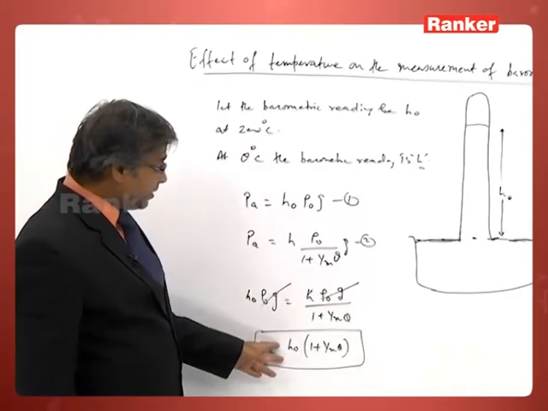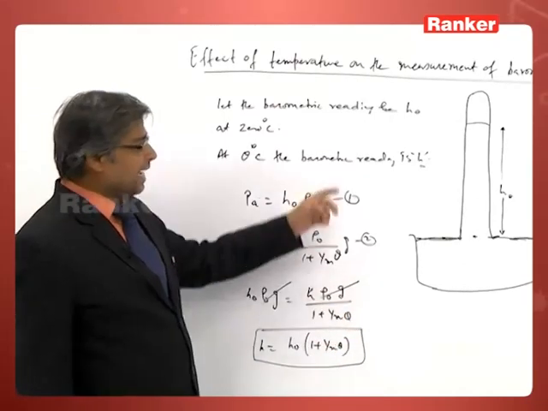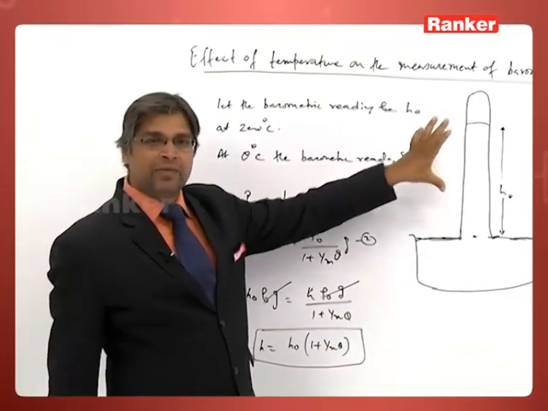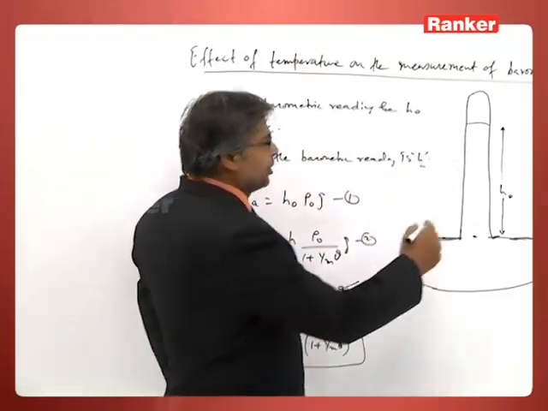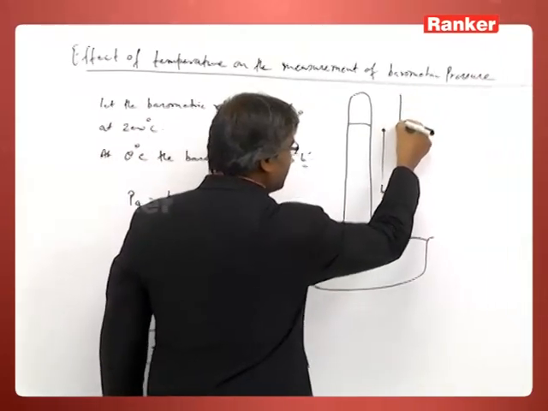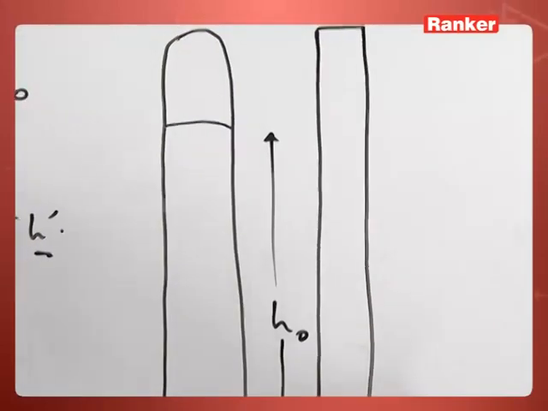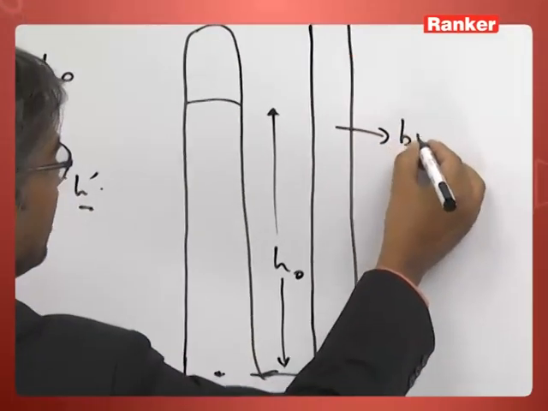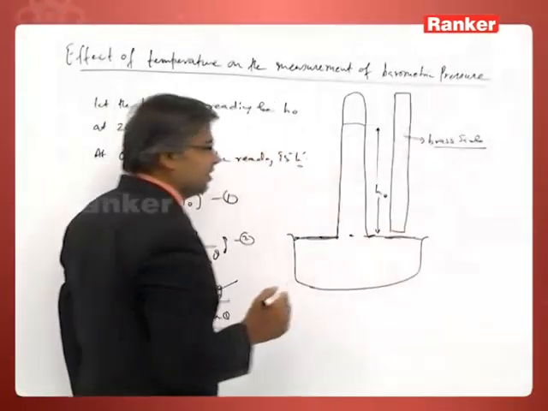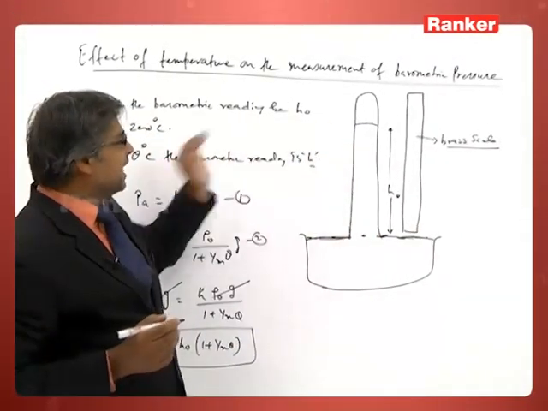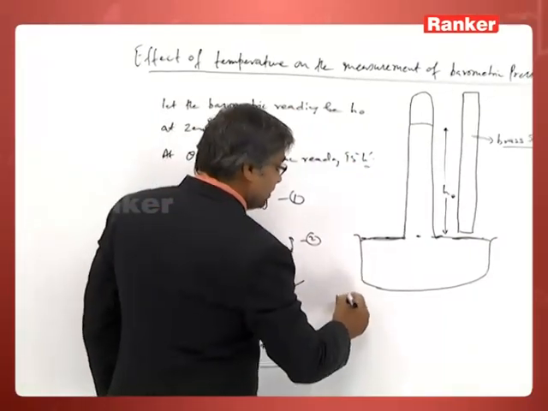Now, this reading must be measured by a scale which does not change, but that can't happen. Suppose I have a brass scale attached here, and this brass scale is designed to read correctly at 0 degree centigrade.